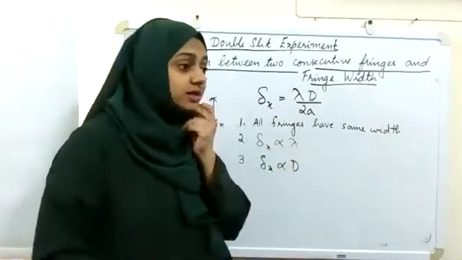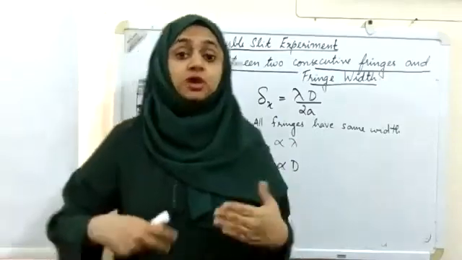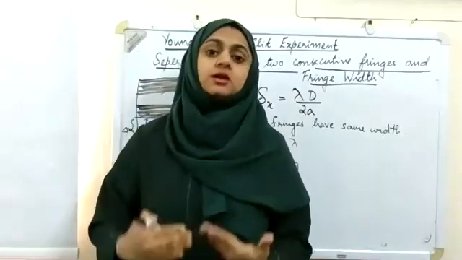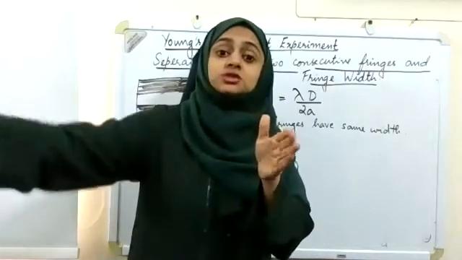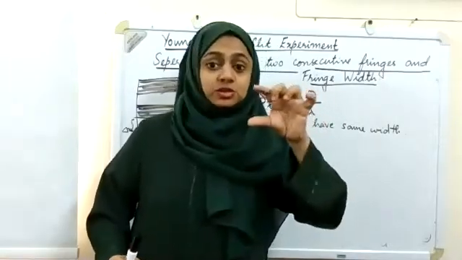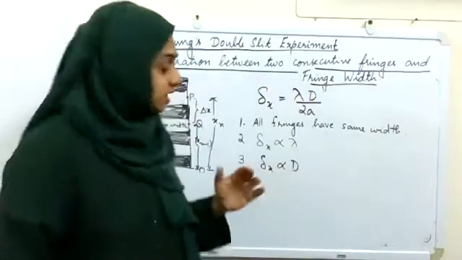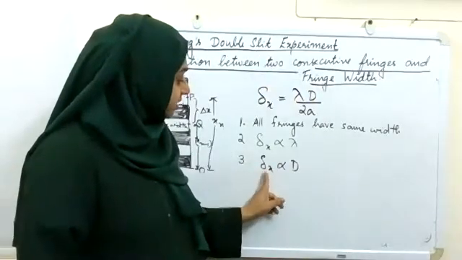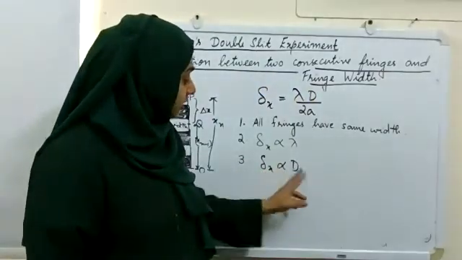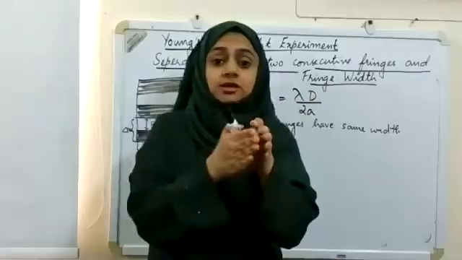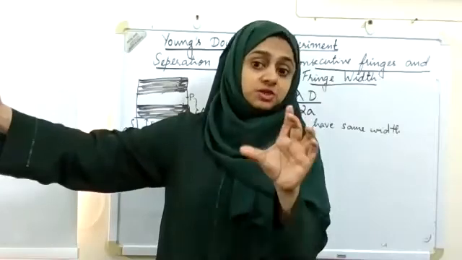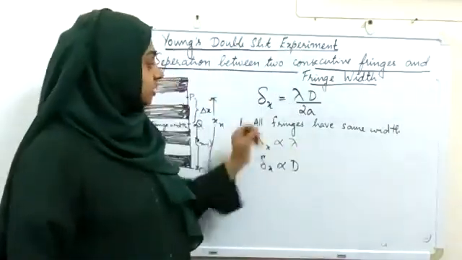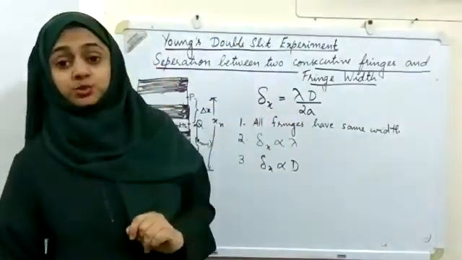That is why in the beginning itself, I told that one of the conditions to see the interference pattern is that D should be very large compared to the distance between the two sources. So that is another condition, that the screen should be kept at a large distance. The larger the screen distance from the sources, the more will be the fringe width.